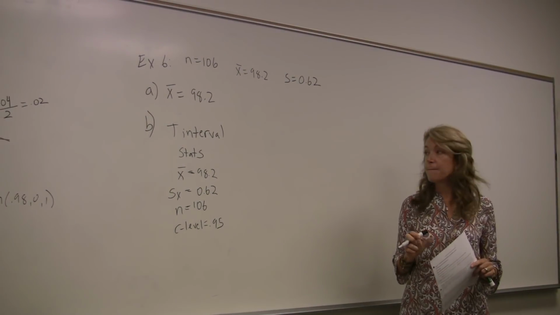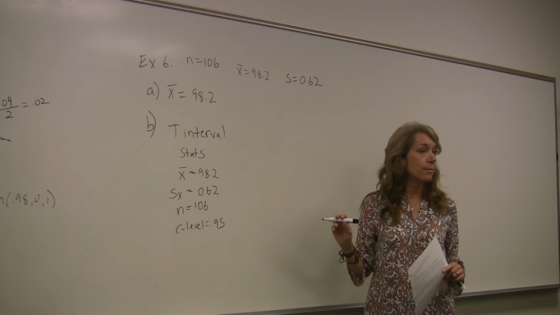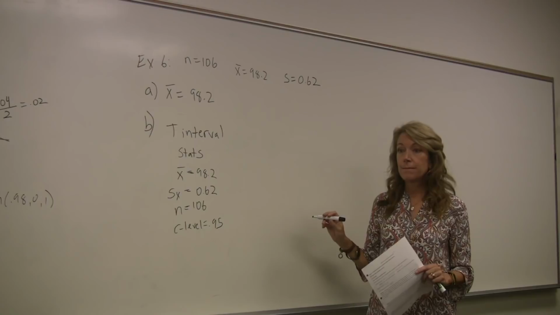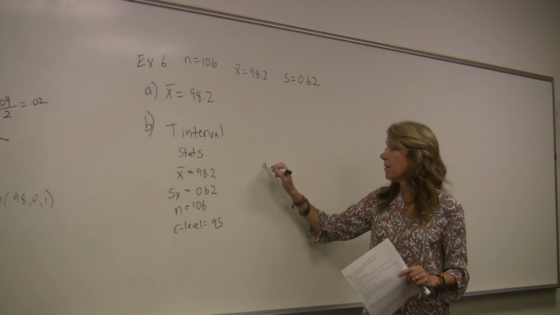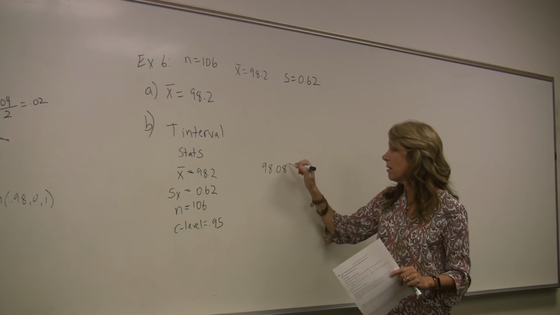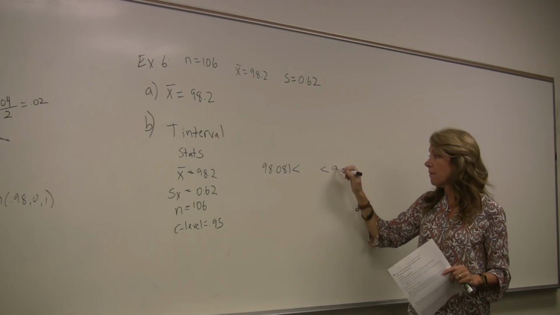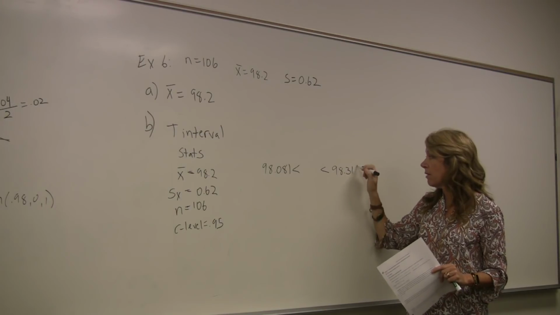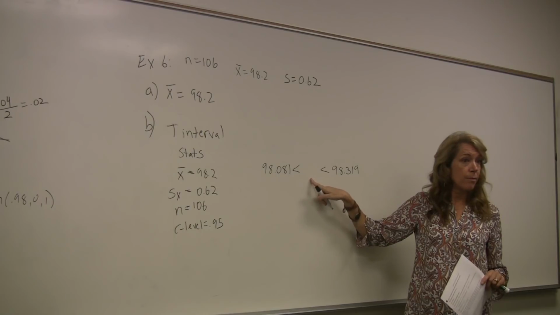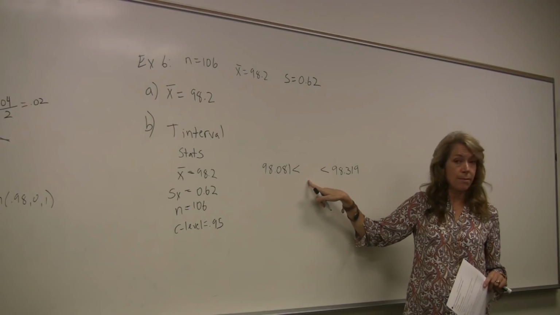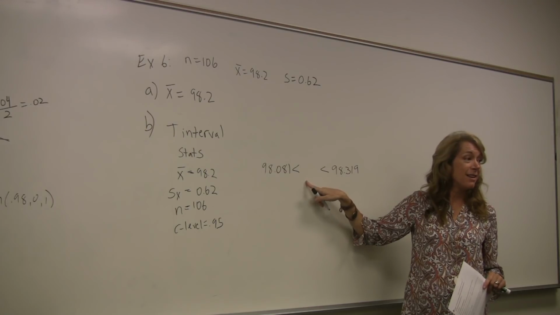What did we get? 98.081 and 98.319. We agree with Ariana? What goes in the middle here? It's still mu.